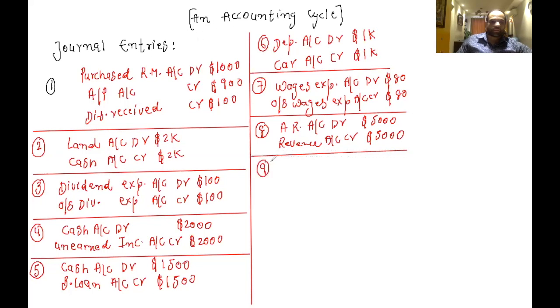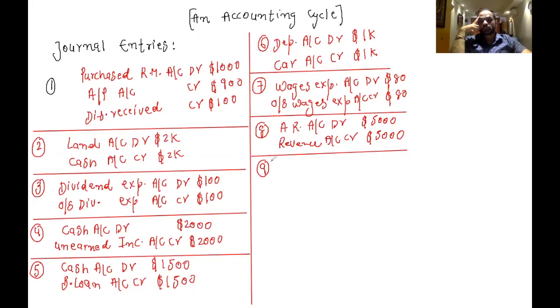Number 9. Number 9 is 50% account receivable become bad debts. So bad debts account is debit and account receivable is credit. That's it.